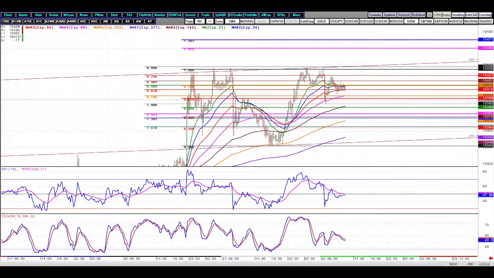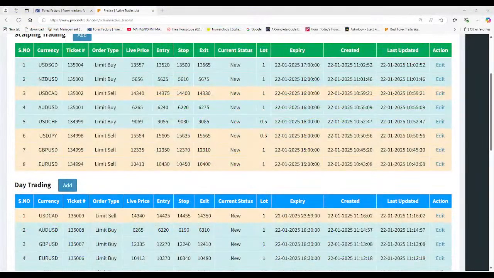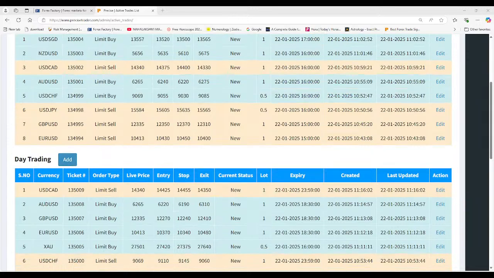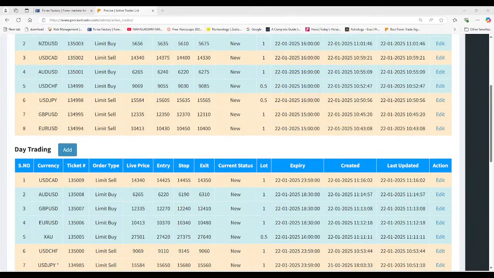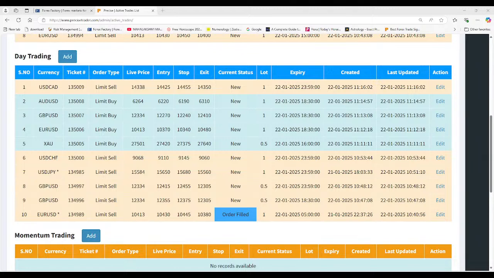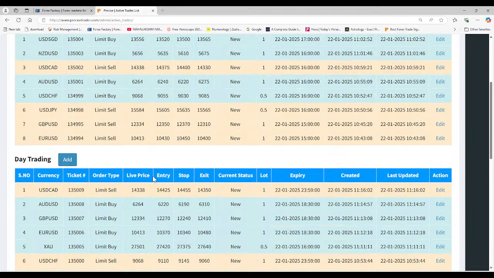Let's see what signal we have given based on this. We have already shorted at 430, and we are trying to lock in at 380. Then we have a buy order at 370, stop 340 and 480, and this is also one lot. I think this is good to go.